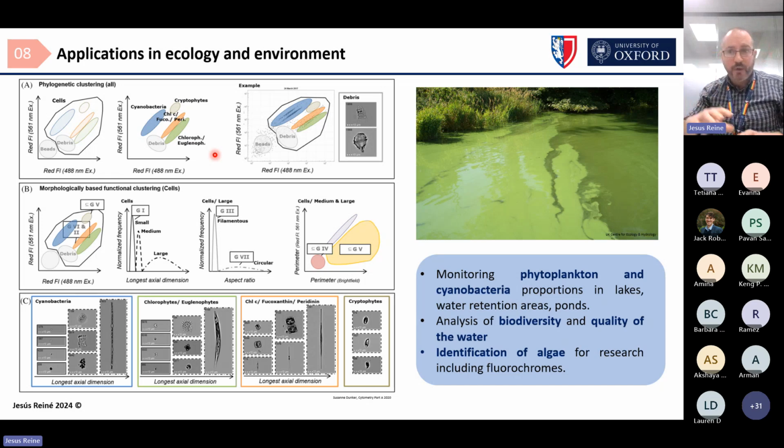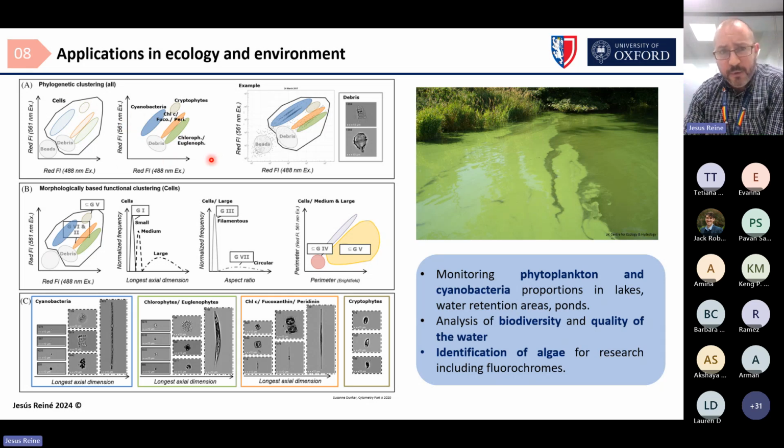In fact, all these cells and algae are the key, the base, to develop new fluorochromes. Many fluorochromes that we use in antibodies originally come from algae or this kind of organism.